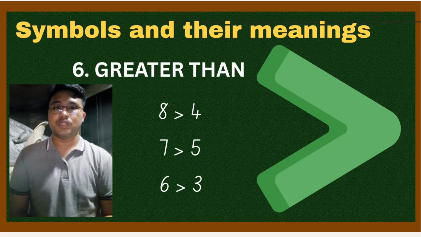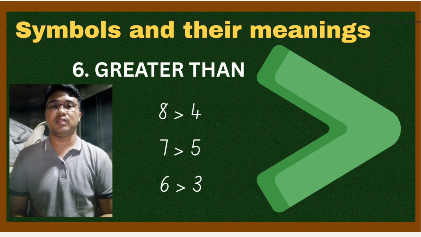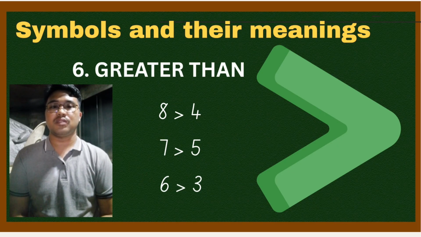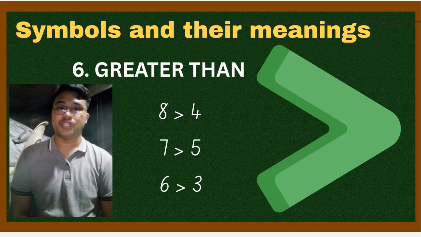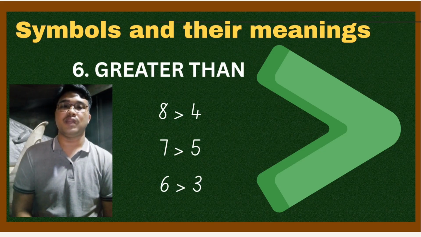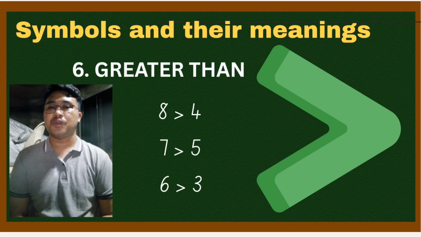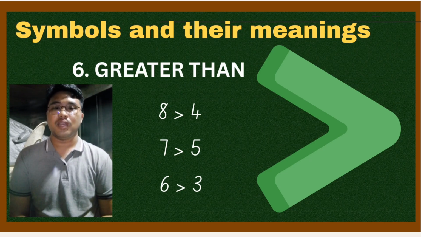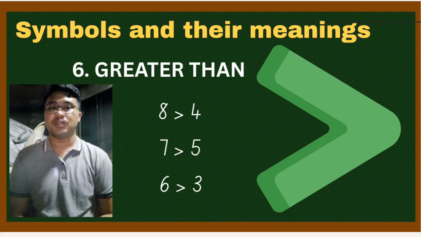So now let's proceed to the greater than symbol. The greater than symbol is used to show that the number on the left side is larger than the number on the right side. For example, 8 and 4. The number 8 is greater than the number 4.